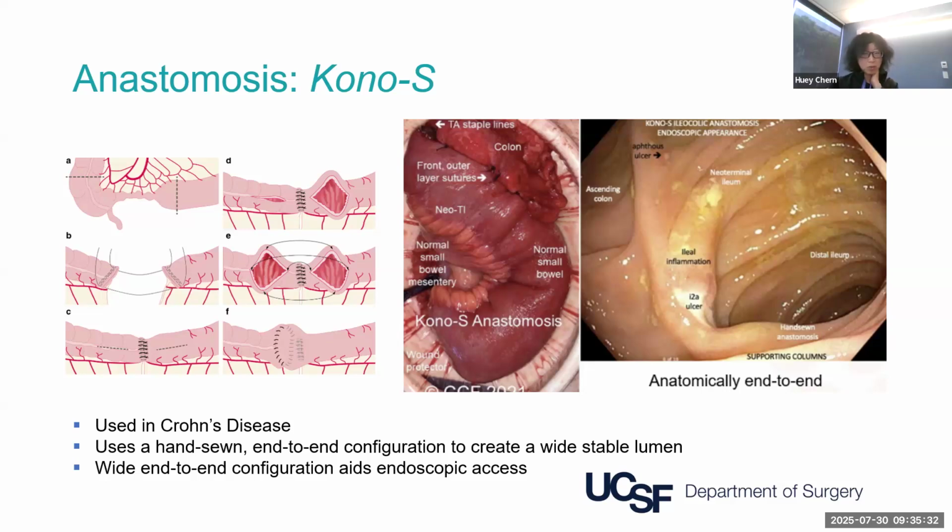I think it's been shown to maybe decrease recurrence. I have done several of these anastomoses for patients with recurrent disease. I think the end-to-end configuration also helps with surveillance, because the conventional side-to-side anastomosis in an anti-peristaltic fashion would be hard for endoscopists to look at the proximal ileum, versus an end-to-end anastomosis.